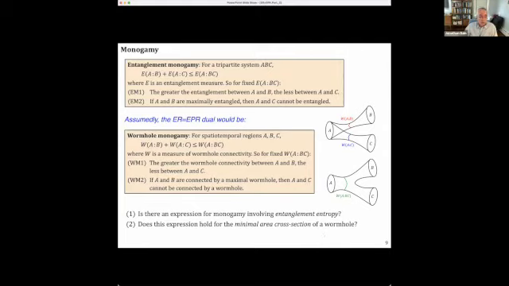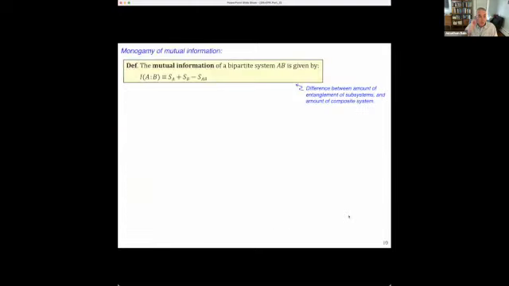Now, the first has been answered in a positive way by appealing to a particular configuration of entanglement entropies called the mutual information of a bipartite system. And it's this quantity of mutual information that we can impose a monogamy constraint on.